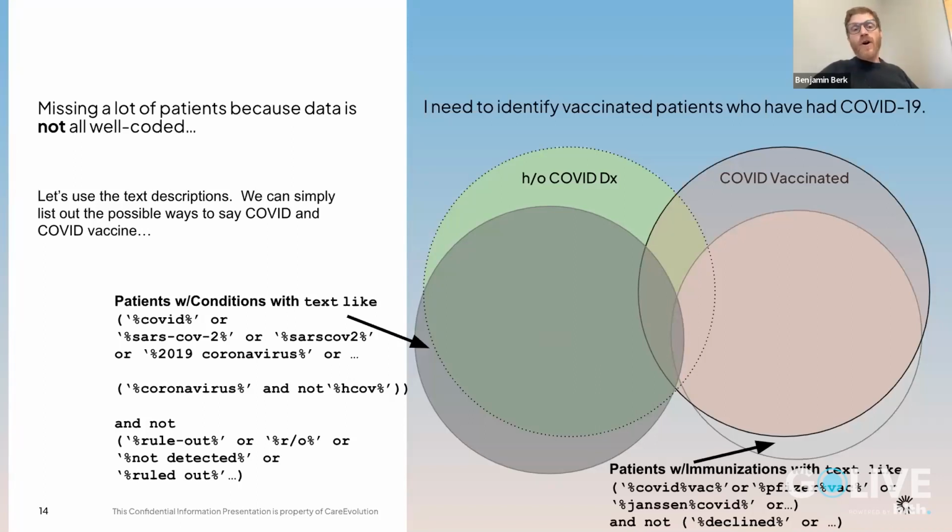Sometimes they're coded with an internal code, which is then mapped somewhere else, like maybe in the billing system, to the reference codes, because then it needs to be put on a claim to send to the insurance company or to CMS for billing.